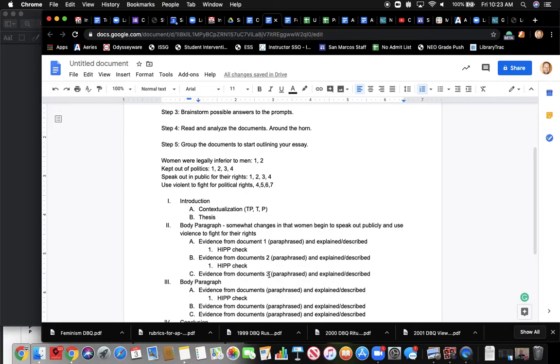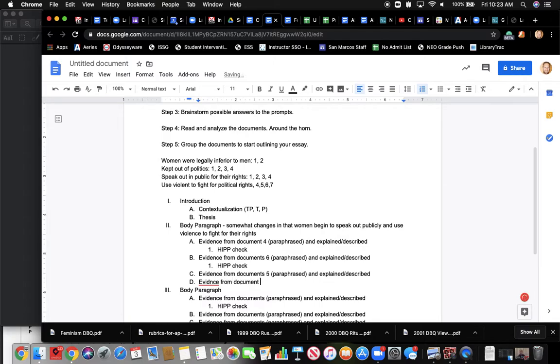And then maybe, because I'll use some of these documents too, maybe we'll look at document 4, document 5, document 6. Notice it actually doesn't have to be in order, so I'm actually glad I made that mistake. It doesn't have to be in order at all. And then maybe you do evidence from another document because you have 4 documents in this category. That's okay. Document 7. So, you know, maybe your body paragraph is going to be this.